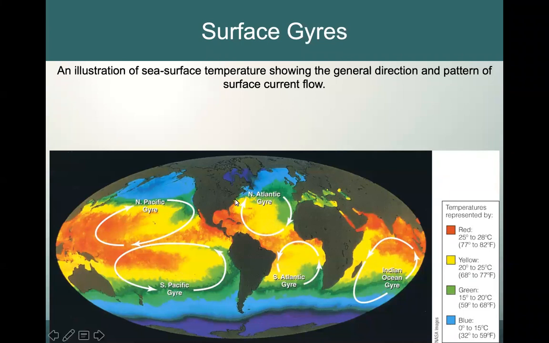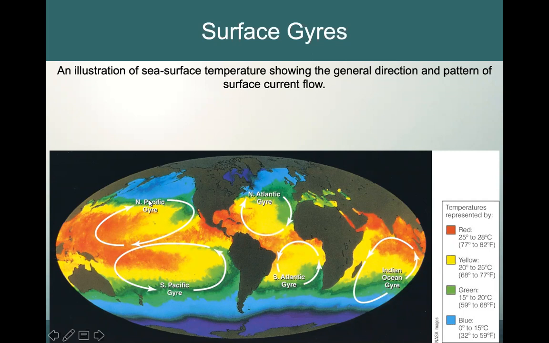So if we look again at our North Atlantic Gyre, which we're focusing on at the moment, we can see that the red, which is indicating warm surface waters, and yellow, which is also warmer surface waters, are being transported poleward in the Gulf Stream on the western side of this gyre, and that the cooler polar waters are being transported back towards the equator. These green colors here are indicating cold polar waters on the eastern boundary of this North Atlantic Gyre.